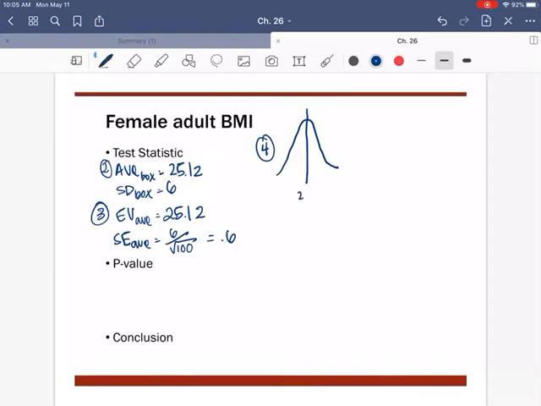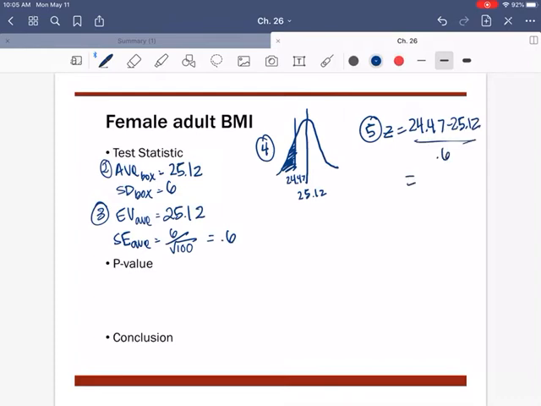Well, when we sampled 100 female cardio techs, we got 24.47. So it should have been 25.12, but we actually got 24.47. So we want to know less than that number.